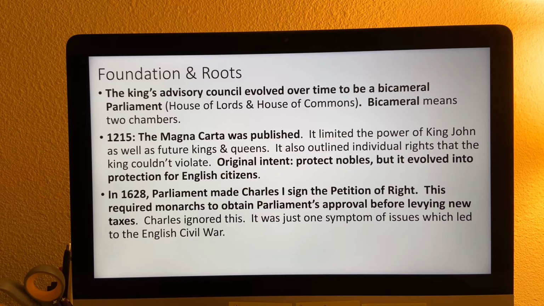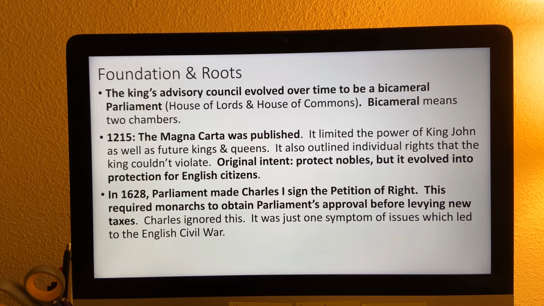Now, this document limits the power of the king as well as all future kings and queens. And it outlines the individual rights that they have, that the king cannot violate. The original intent was to protect the nobles, and over time it evolves to be protection for all English citizens.